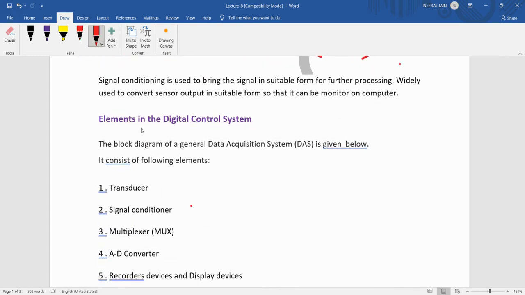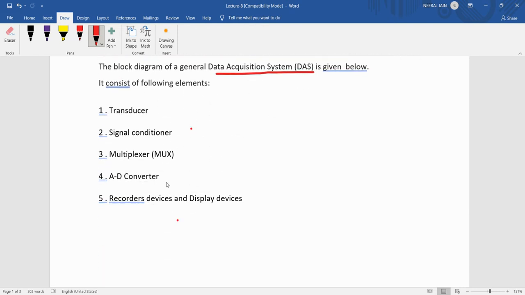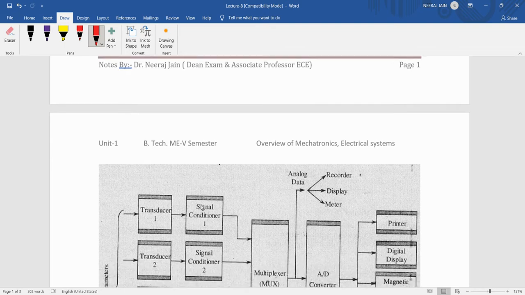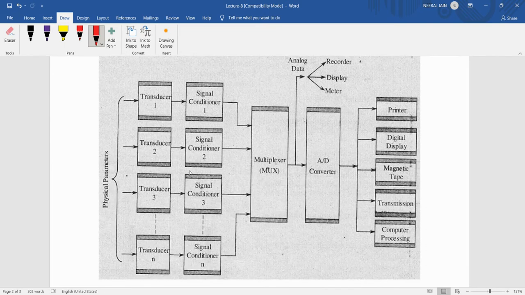Now, what are the elements in the digital control system? The data acquisition system, DAS, consists of several elements like the transducer, signal conditioner, multiplexer, A to D converter, recorder, and display devices. That is the basic block diagram of the data acquisition system.